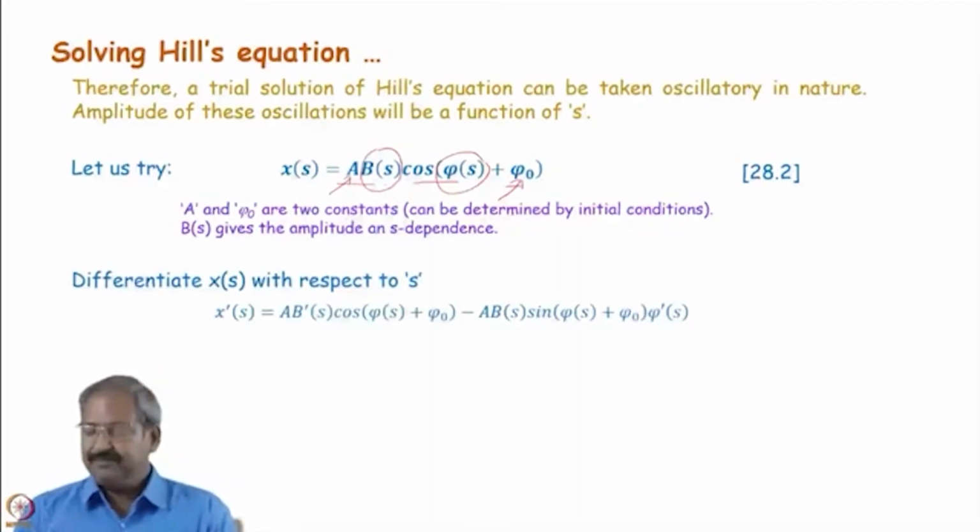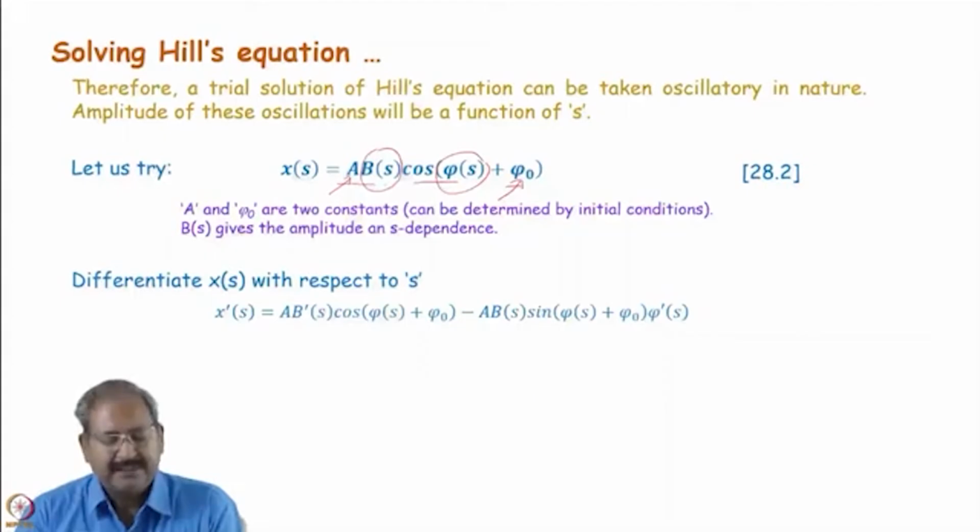Now because this is our trial solution, what should be the nature of B and phi? If we want to know that, we will put this trial solution into the Hill's equation. For doing this, we have to obtain x double prime, means the second derivative of x with respect to s.